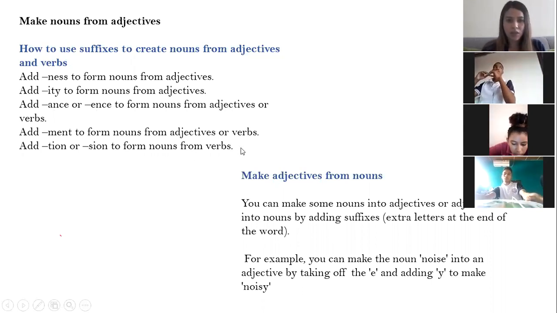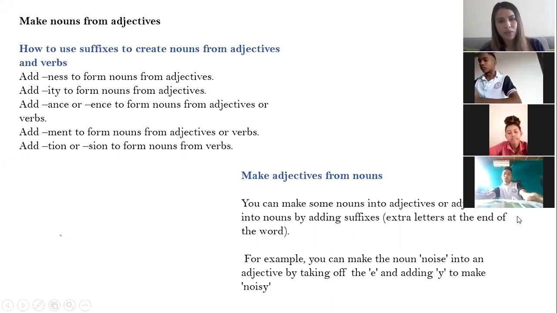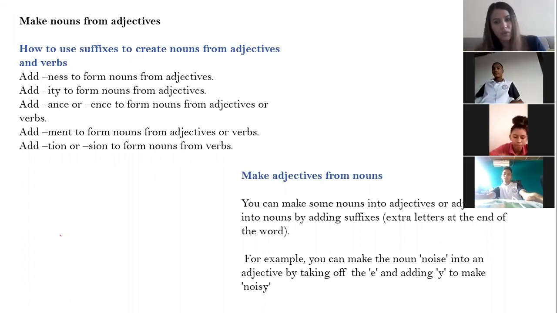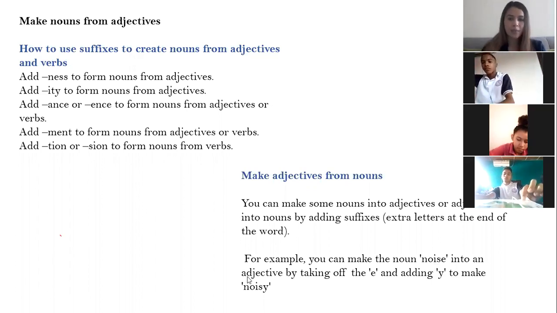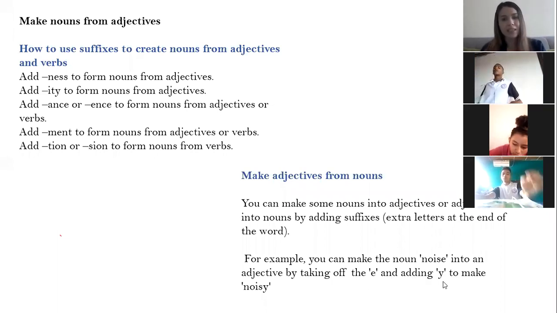Take this into account. Make adjectives from nouns. You can make some nouns into adjectives or adjectives into nouns by adding suffixes, extra letters at the end of the word. For example, you can make the noun noise into an adjective by taking off the letter E, and adding the letter Y to make noisy.